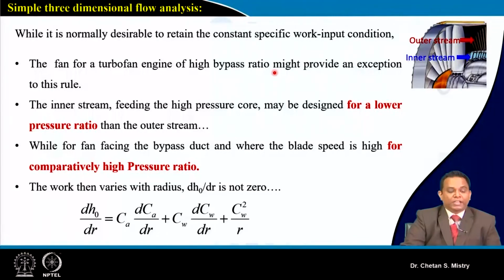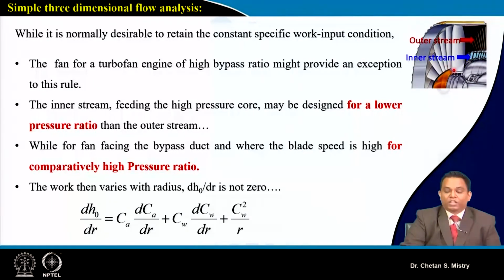If we are considering this, then the law we are talking about for the design, using the energy equation, vortex energy equation, is not straightforwardly applicable here without certain assumptions. My inner stream is moving towards the high pressure core. So this is called the core engine.